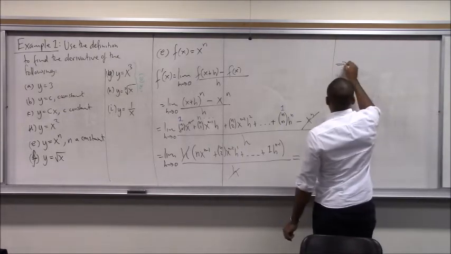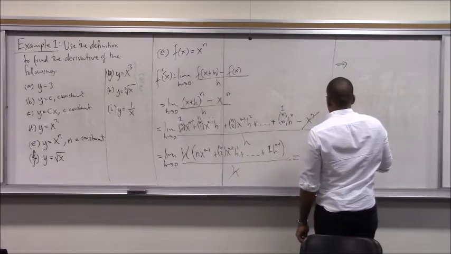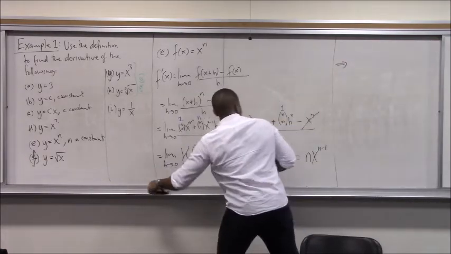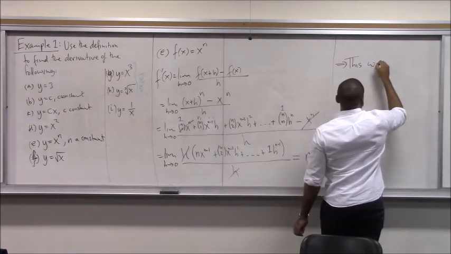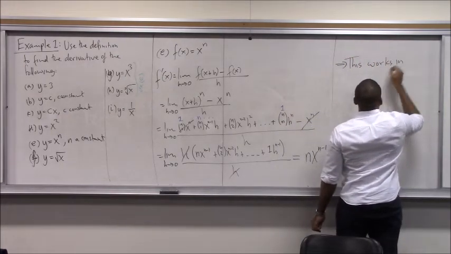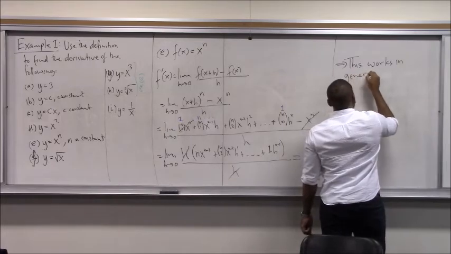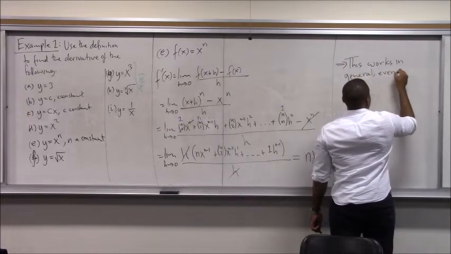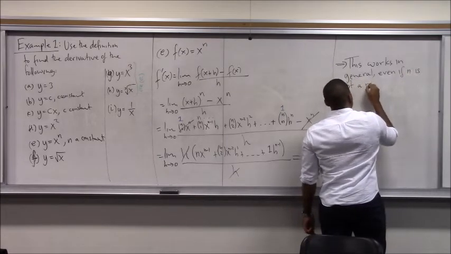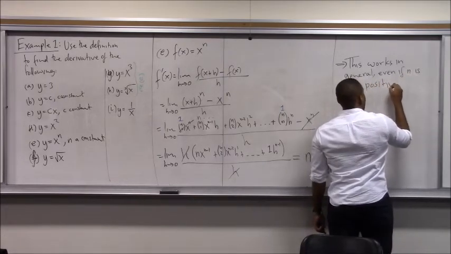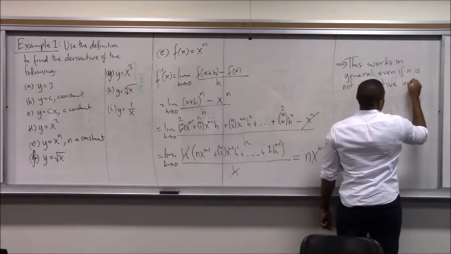So this implies the following rule. And I'll just say this works in general, even if n is not a positive integer. Unfortunately, we don't know enough for me to actually prove that to you.